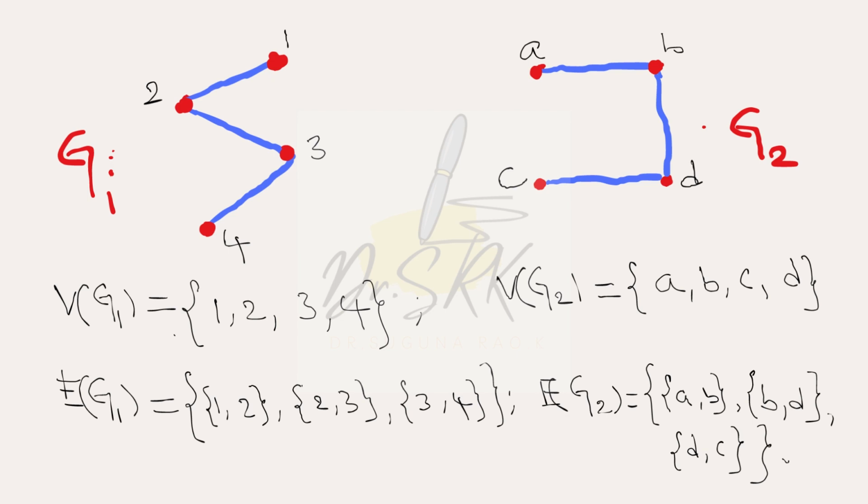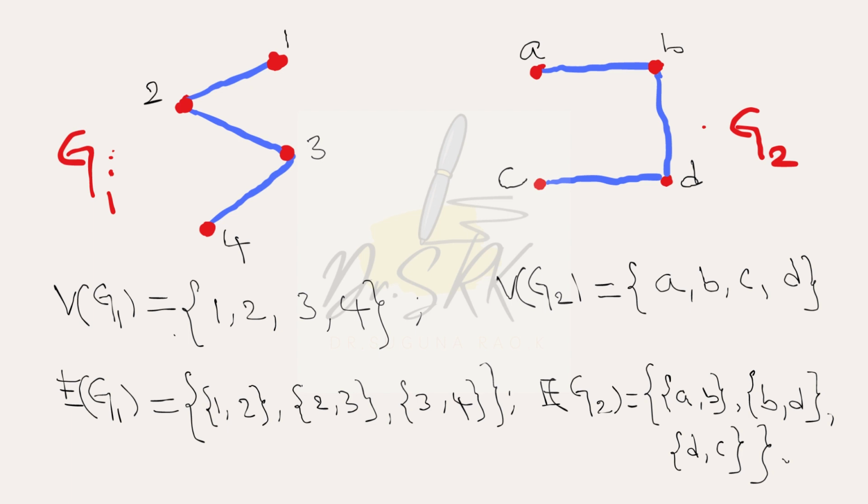To test that, we have the procedure we saw a few seconds before. The first point of the procedure says that both graphs have the same number of vertices and the same number of edges.